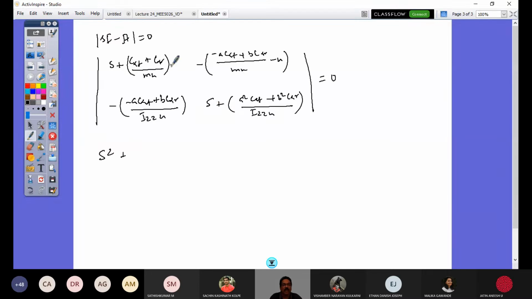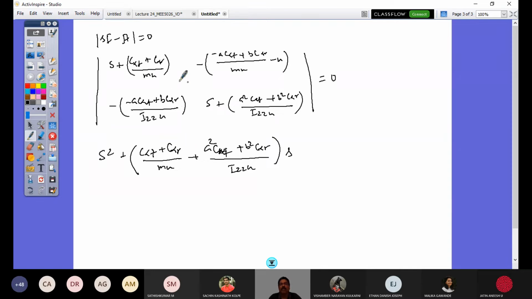That comes out to be (C alpha F plus C alpha R) by mu into s, and then here this product, plus (a squared C alpha F plus b squared C alpha R) by IZZ u into s.